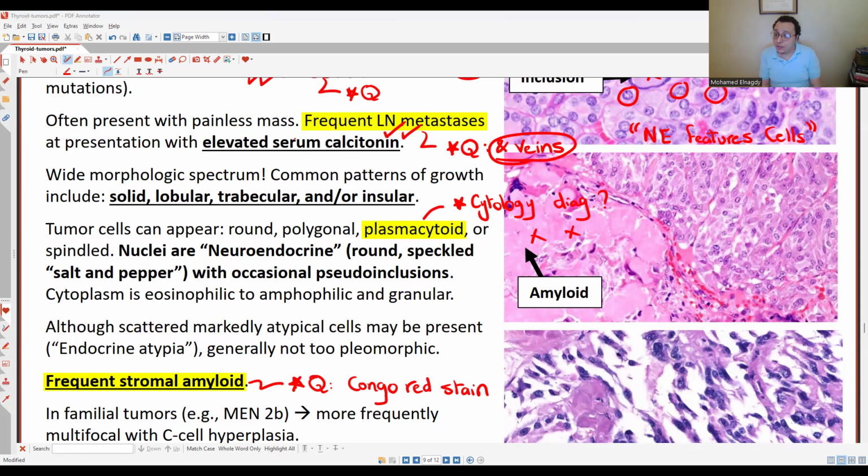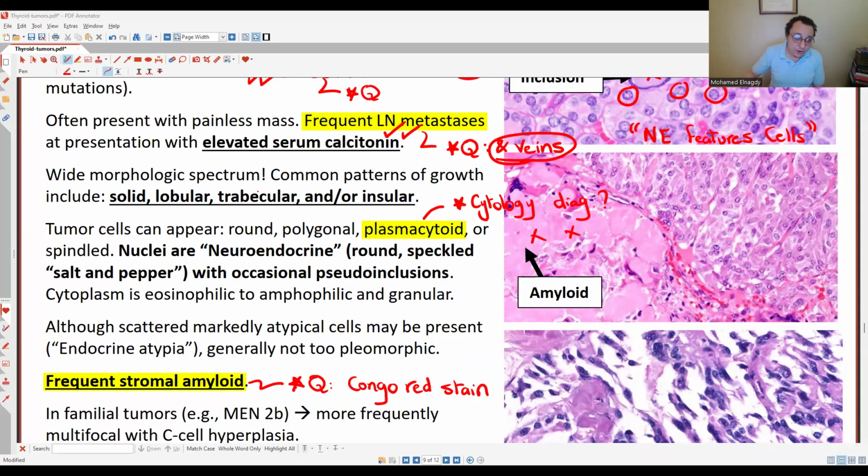What kind of amyloid is this? What's this amyloid protein? Anybody know? Not AL, not AA. That's actually calcitonin, because the cells are secreting calcitonin. It's so much calcitonin that it forms structureless amyloid in the tumor itself.